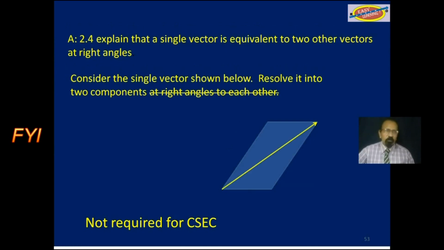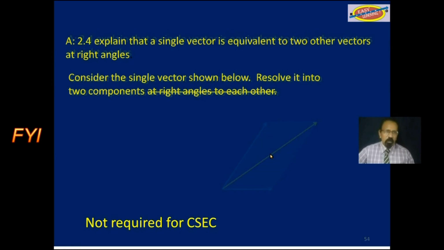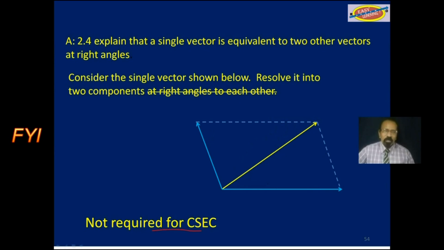Or if you have two forces like this, that one and that one, that is the resultant. Or if you have a resultant like that, you could have a force like this or like that. And so you don't have to do this for CXC. I'm just saying that this is pretty straightforward. If you could do it for right angles, you could do it for any other angle.